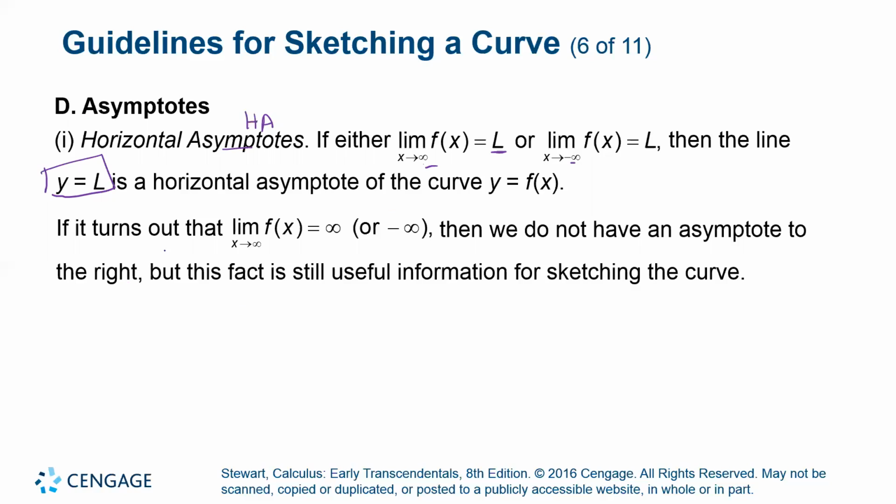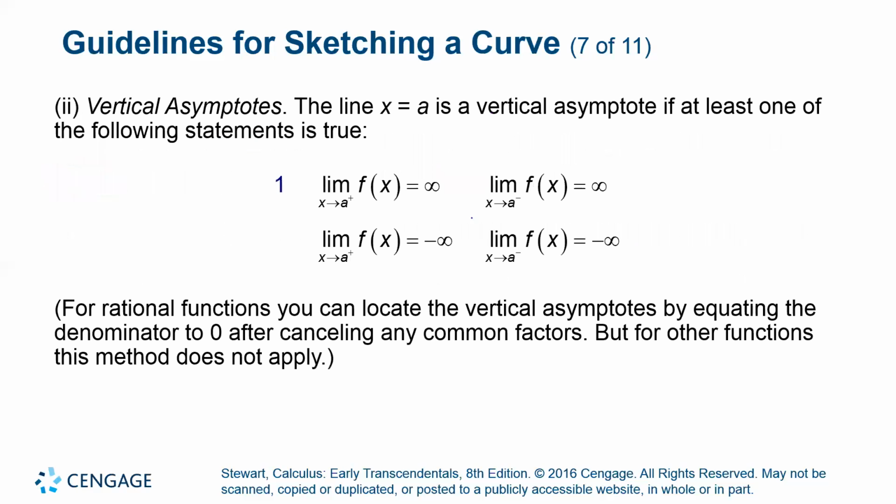When the function goes to infinity like this, you do not have asymptotes at all, and that will happen with polynomial functions. For vertical asymptotes, at least one of these should be true.